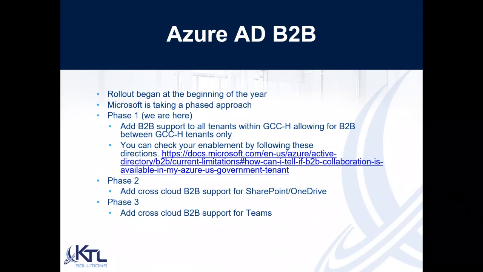It wouldn't really be Microsoft's responsibility to stop it. So it would put some more effort on your side to allow that. Phase 3 of the process is B2B support for Teams, which would be pretty great. Those last two phases don't really have any type of roadmap for it.